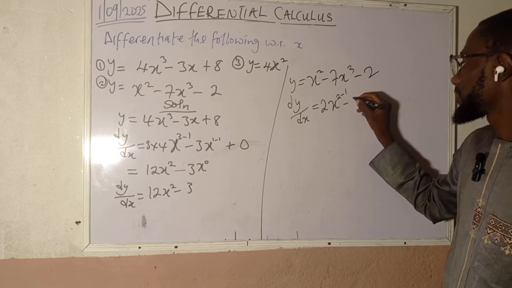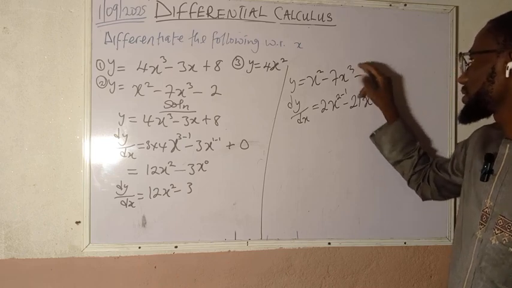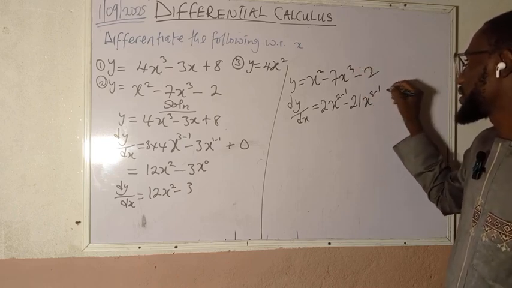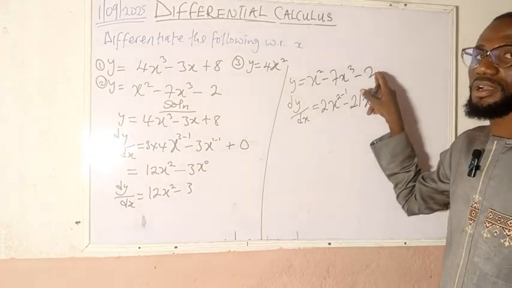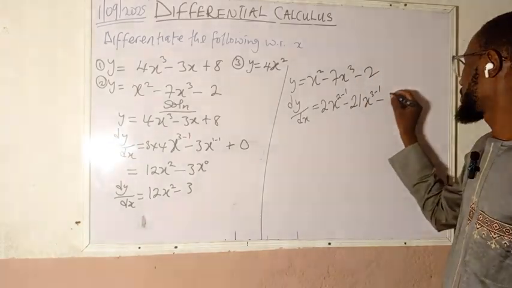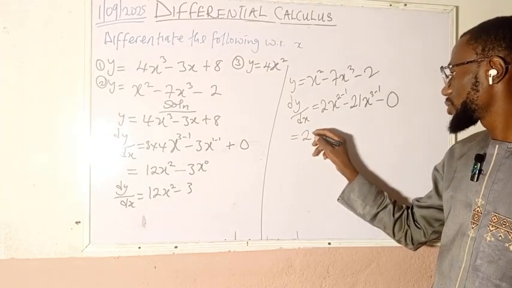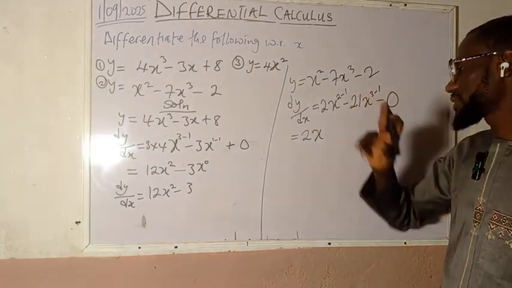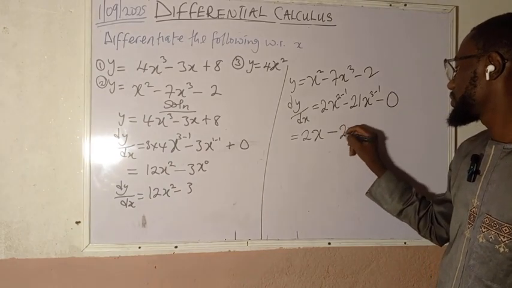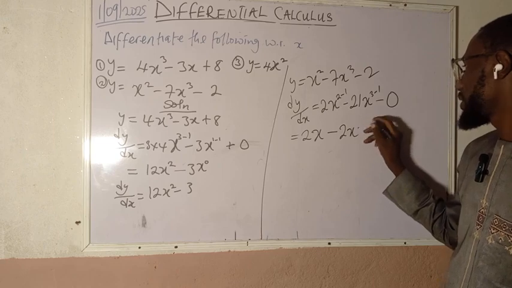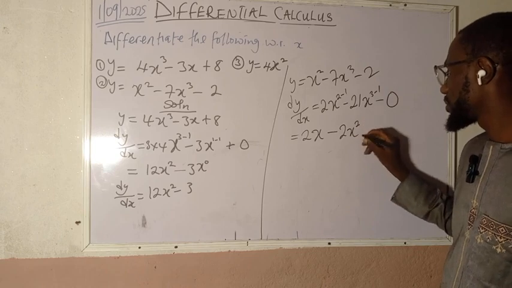Here we have 21x, and also we subtract 1 from the 3. Then the minus 2 will turn to 0. Therefore we have 2x raised to the power 1, no need for putting the 1. Here we have 21x, and in the power we have 3 minus 1, which is 2.